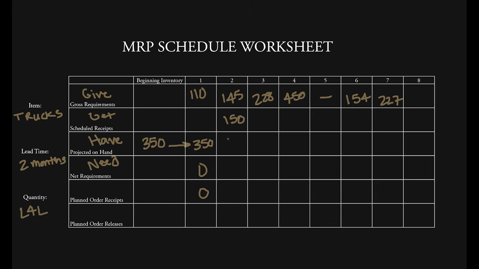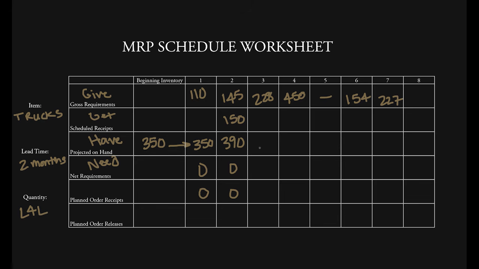So we'd have our 240 trucks from month 1 plus the 150, which will give us 390. So we have 390 in month 2. We are selling or giving away 145, which means that we don't need any requirements or materials. Thus, we don't need to order any in this period as well.